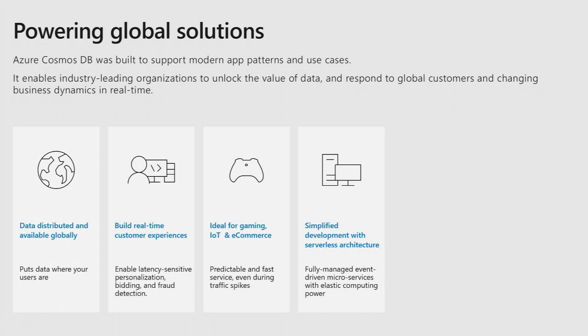Another thing is, of course, we have a lot of offering working natively with Cosmos DB. For example, Azure Function, serverless offering. You could have very easily an Azure Function running every time that something changes in your Cosmos DB database. For example, if you want to clean up your data model before you run some AI on it, or if you want to create some reports, for example, that's absolutely possible.